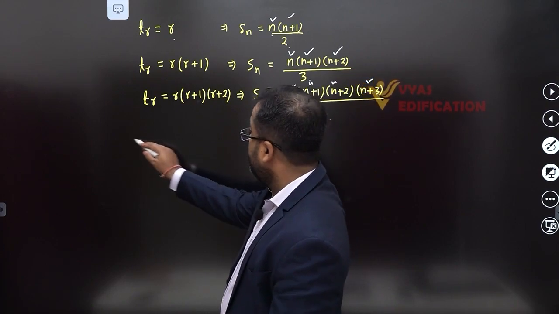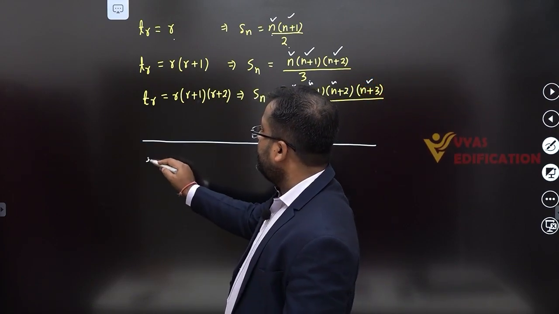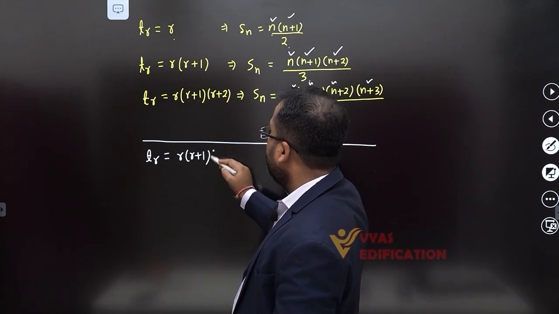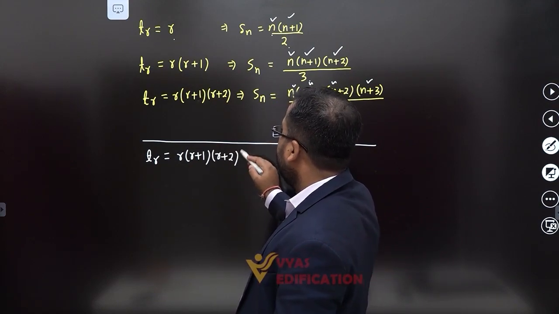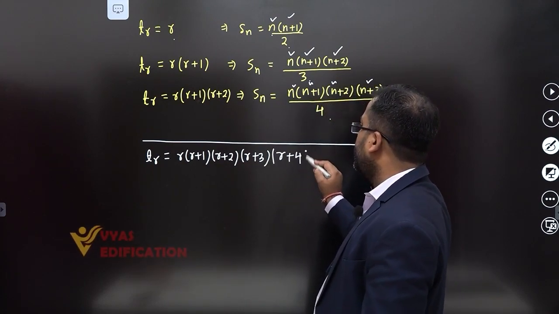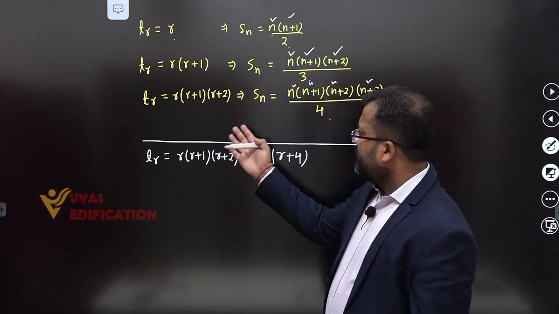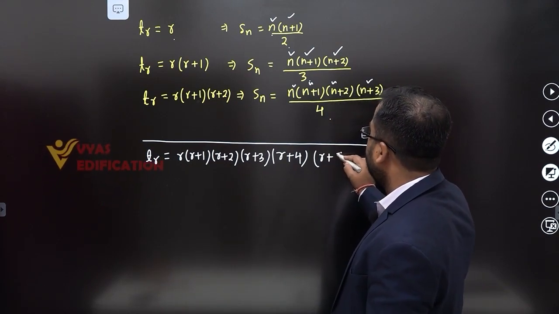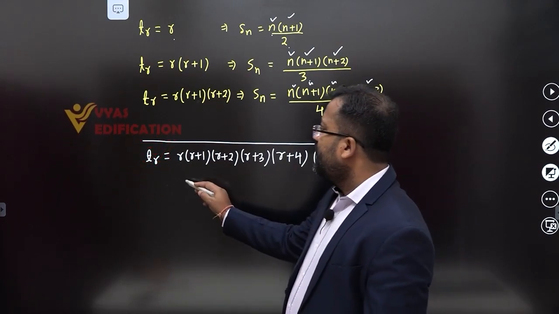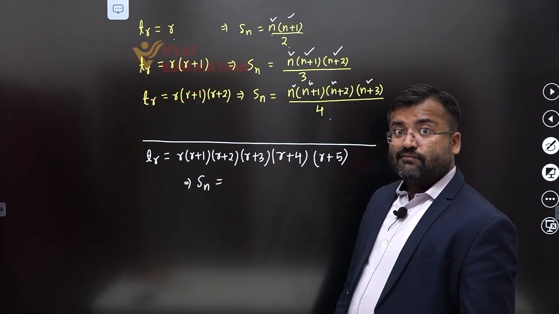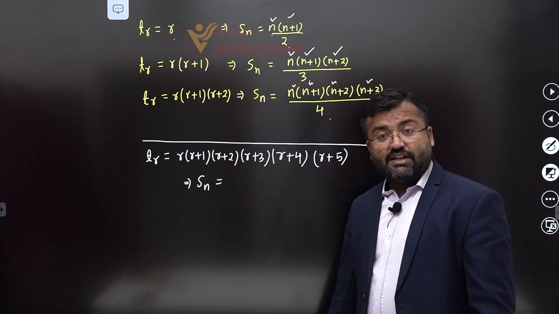Okay. So in case you encounter TR equal to R plus 1, R plus 2, R plus 3, R plus 4, maybe something way beyond, let's say R plus 5 as well, if you have this, can you write Sn for this? Do you see the pattern? Yes.